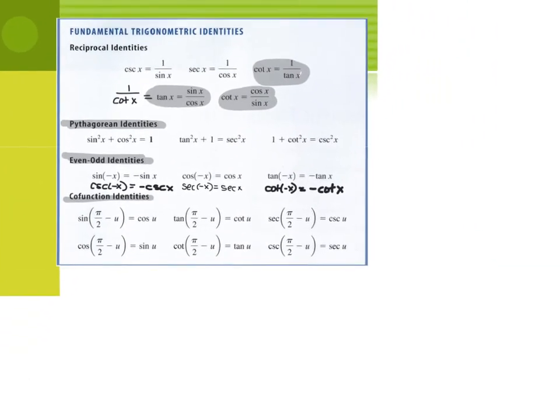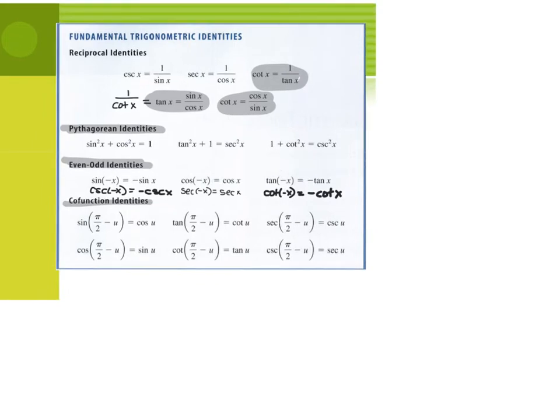Okay, so most of this stuff you know. Again, I would say that the only thing on this screen that is new is the Pythagorean identities. And if you can, I'll show you a trick. So if you can just remember the sine squared plus cosine squared equals 1, I'll show you how to derive the other ones, okay?